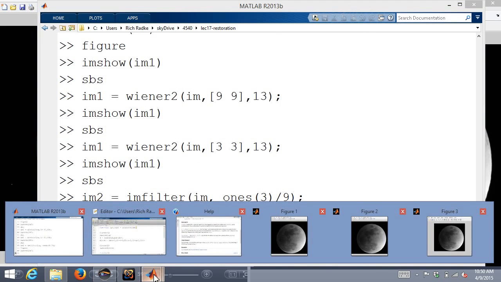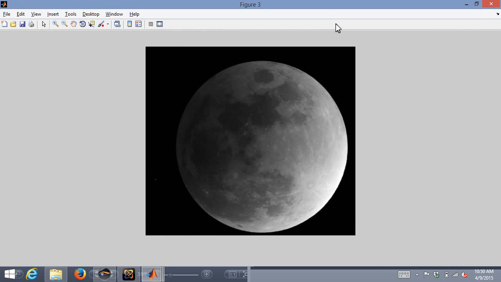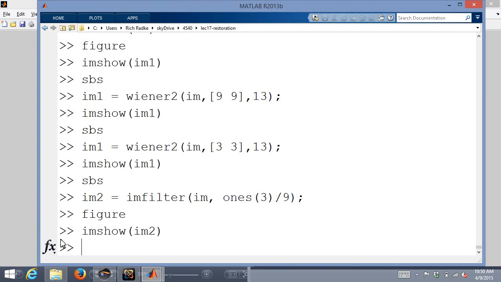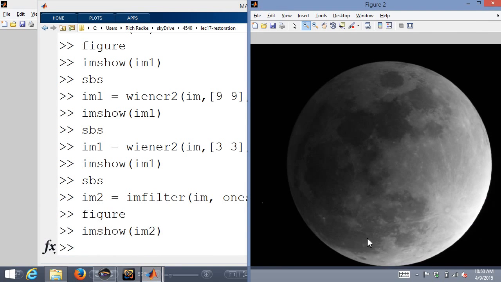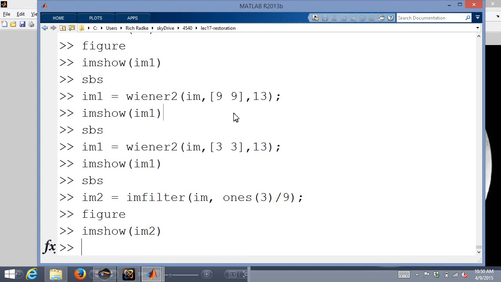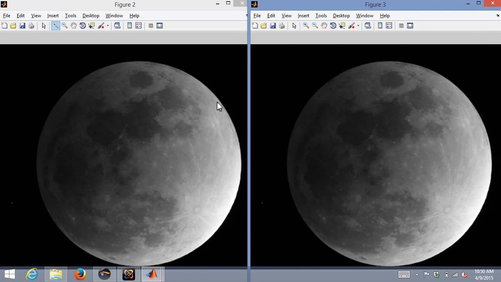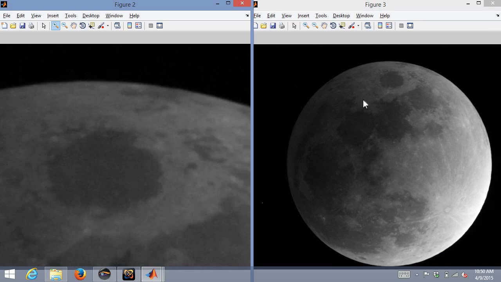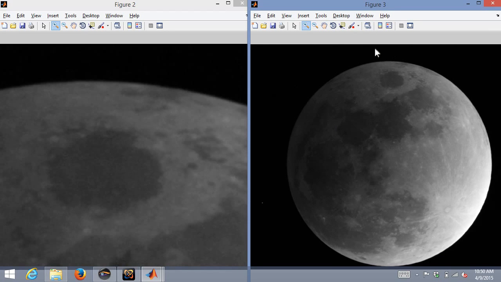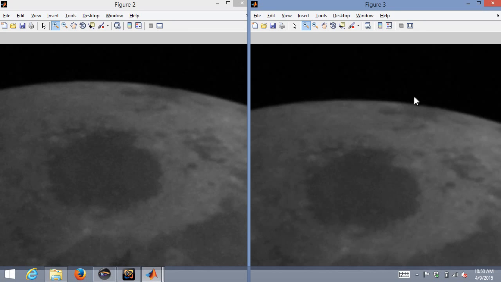I hope this will bear out my point, otherwise I'll look stupid. Make sure I actually showed the right thing. Yep. So kind of what I want to see is how does this compare to what I had before. So on the left is my adaptive filter, and on my right is a smoothing filter.